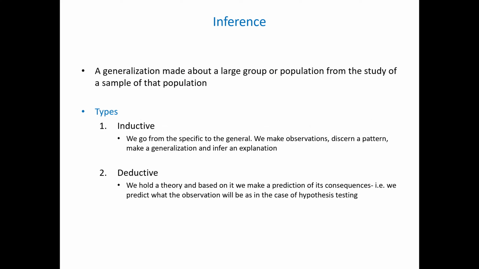Inference is a generalization you make about a large group or population from the study of a sample of that population. For example, somebody wants to know something about market women in Abuja. There are plenty.